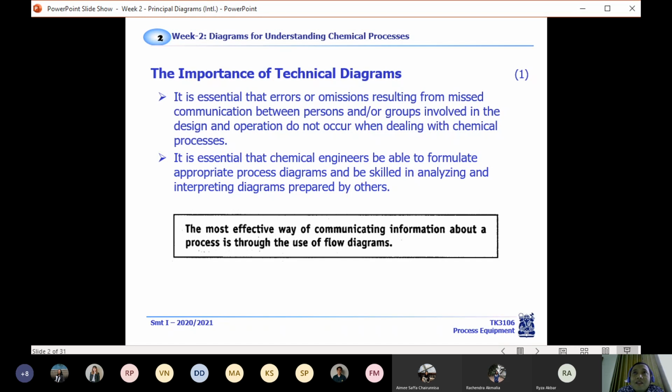So in this case, we need a universal language. A universal language is used when we discuss something, so we will have the same understanding between us and other engineers or other parties. We have the same opinion related to that process, for example the sequence of the process. First, we have to separate, and then second, we have to do the reaction.